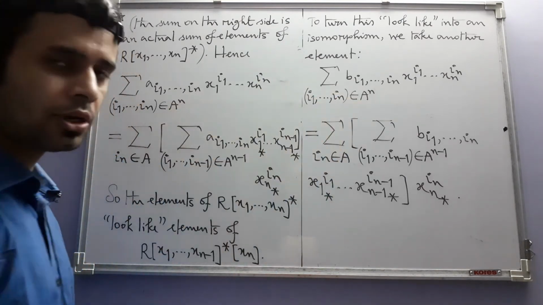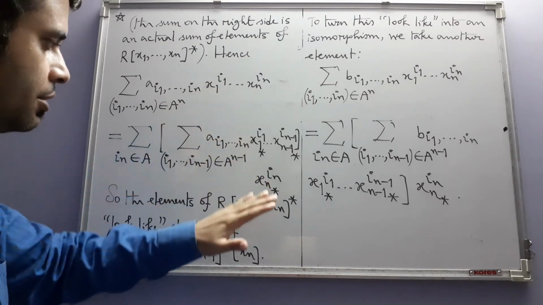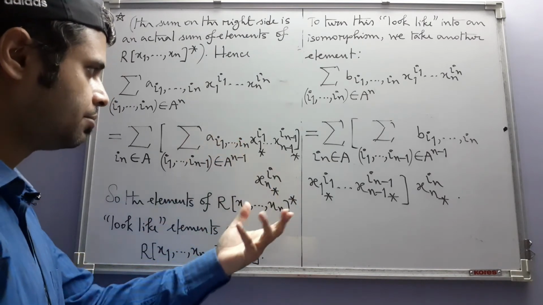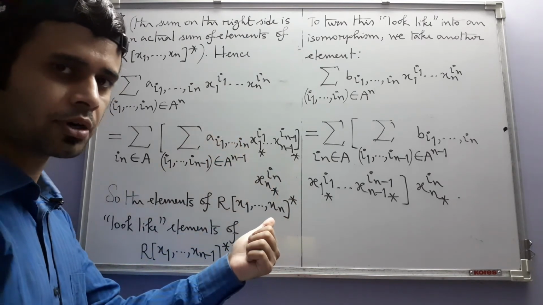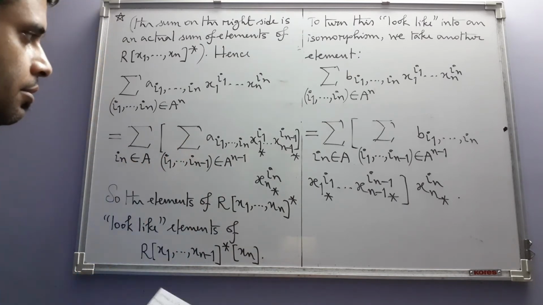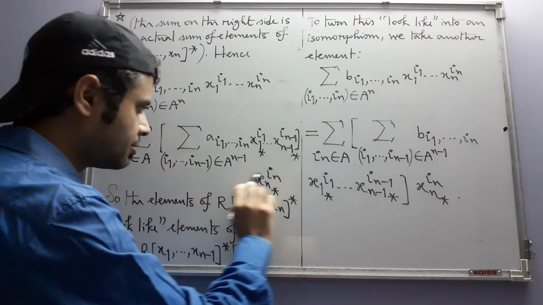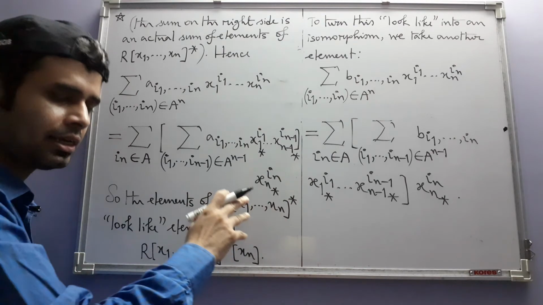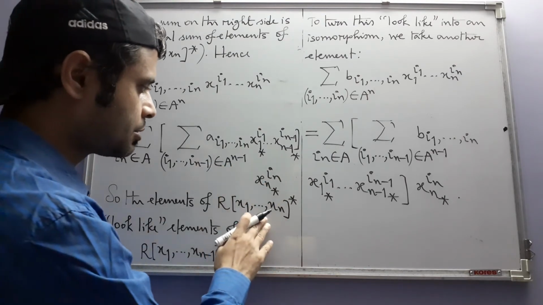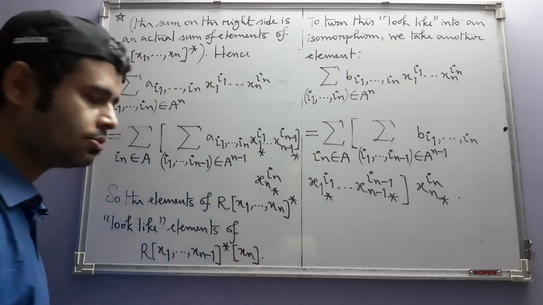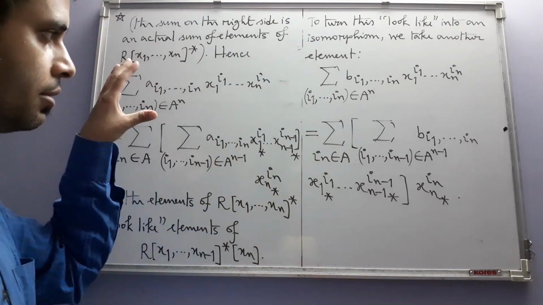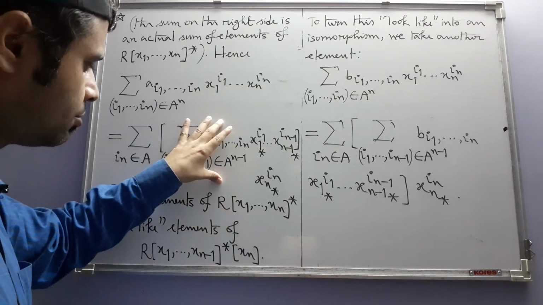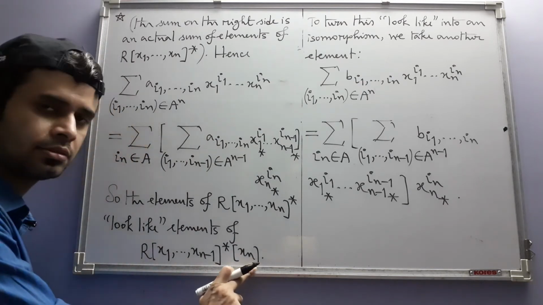If you add these two polynomials according to the definition of addition we have in this ring, and then turn that sum in this form into this form, you will get something. On the other hand, if you add this expression with this expression by using the ring axioms, then also you will get that same expression.